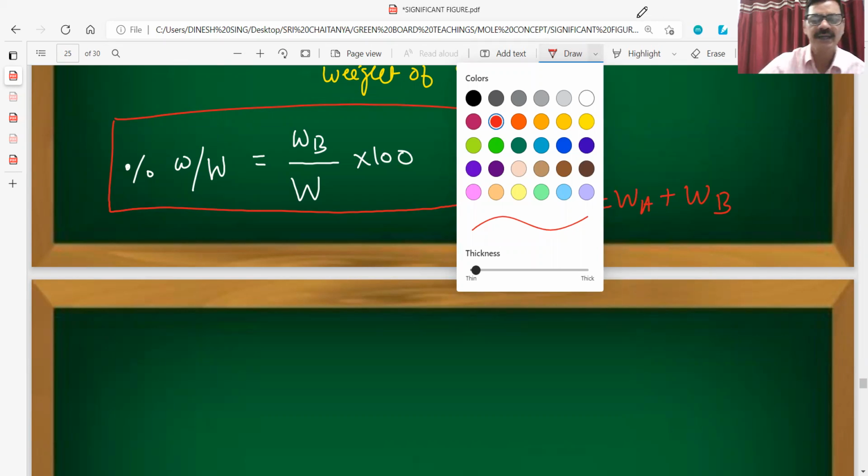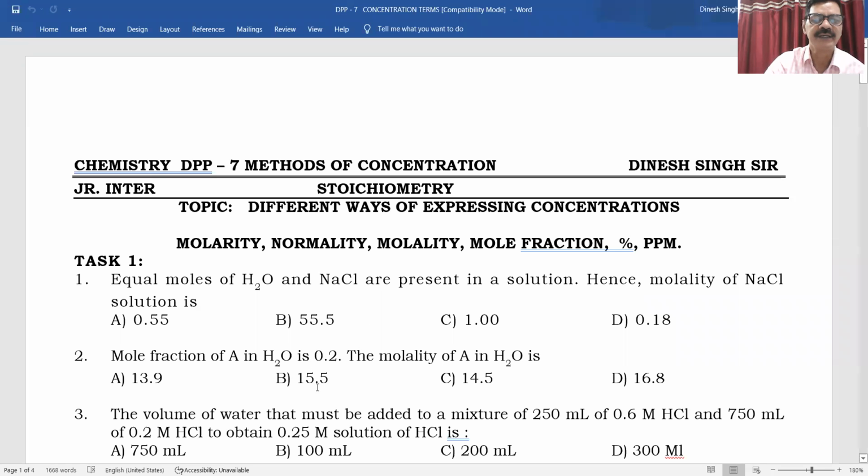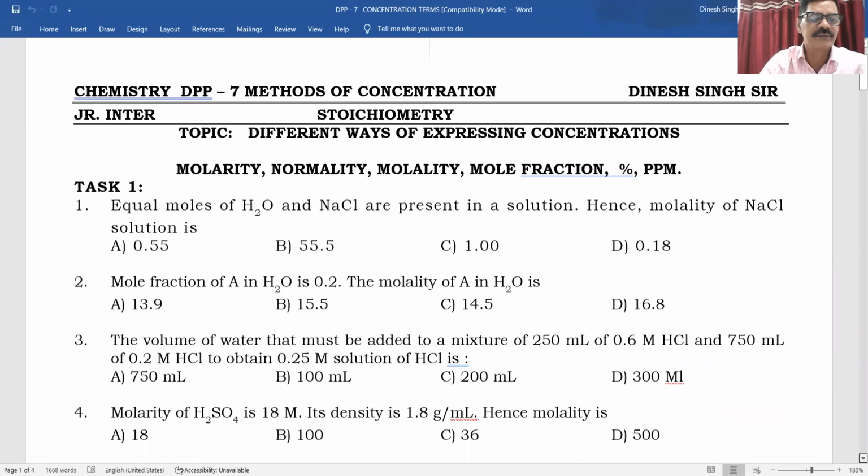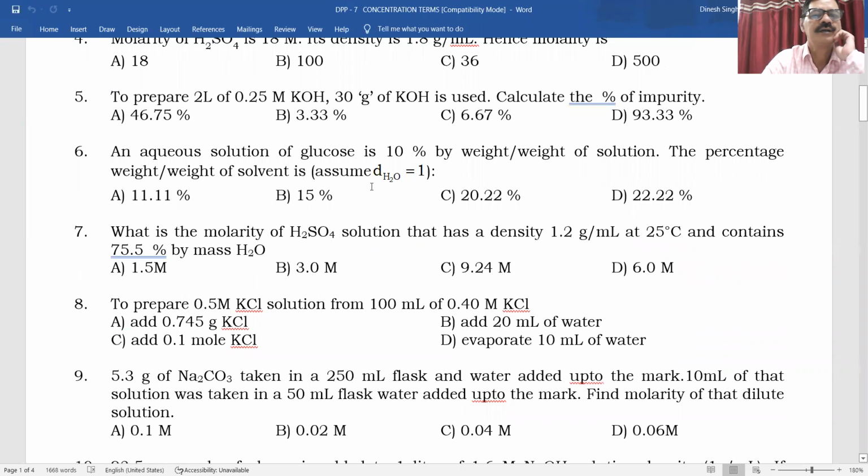Example, just see, I am sharing another page for the question. These are my DPPs. Here we can see one problem related to this, question number 6.